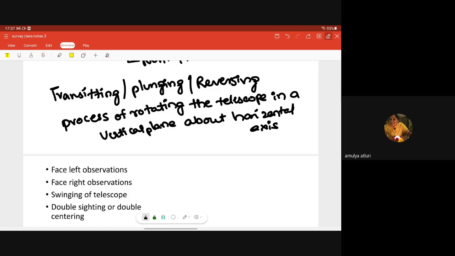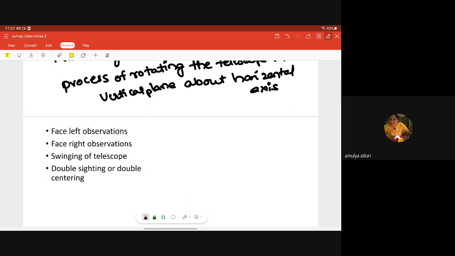These are a few terms you need to know while doing theodolite traversing: face left observation, face right observation, swinging of telescope, and double sighting or double centering. What is face left observation? When the vertical circle is to the left side of the observer, the observations made are called face left observations.